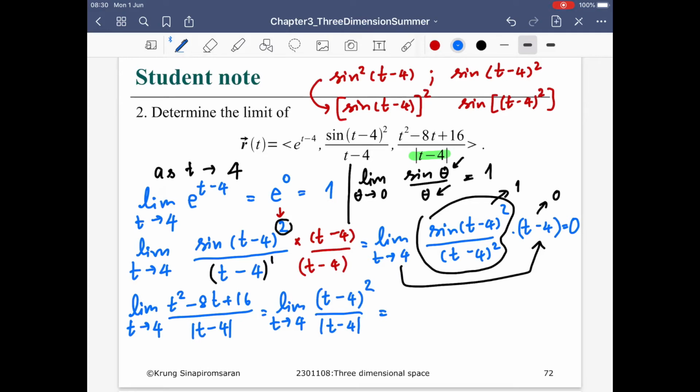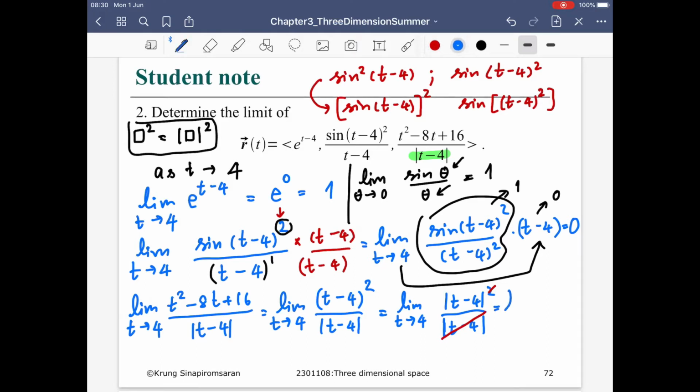One of the properties you may need to recall is that if you have something squared, it is the same as the absolute value squared. So this is the limit as t goes to 4 of (t minus 4) squared over the absolute value of t minus 4. So you can just cancel, and you have the limit as t goes to 4 of the absolute value of t minus 4.